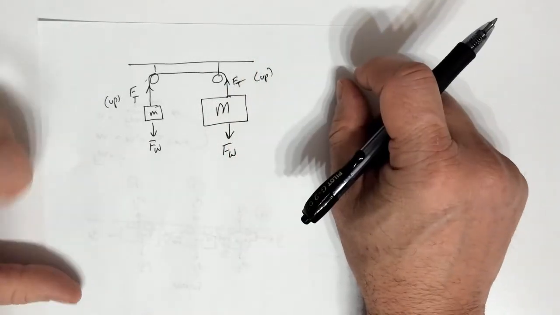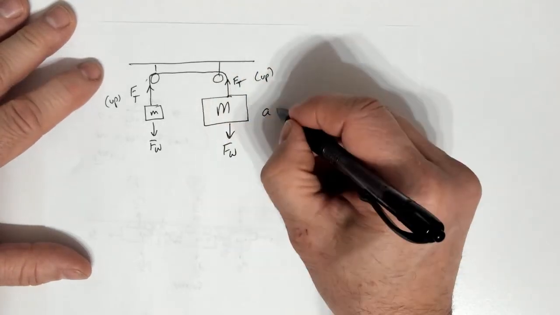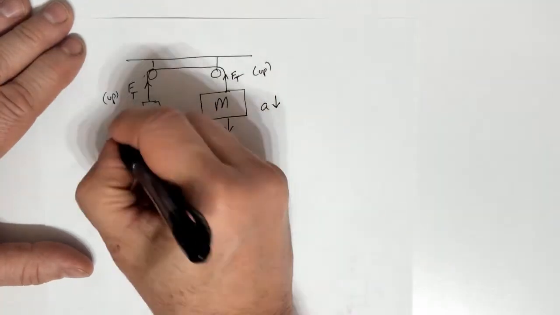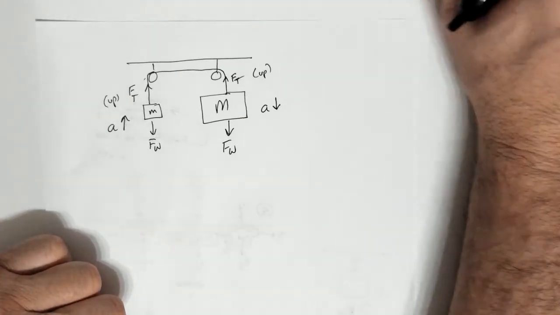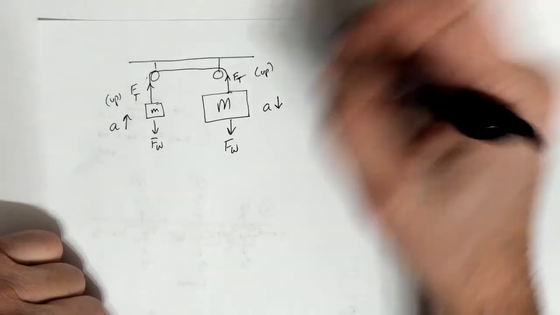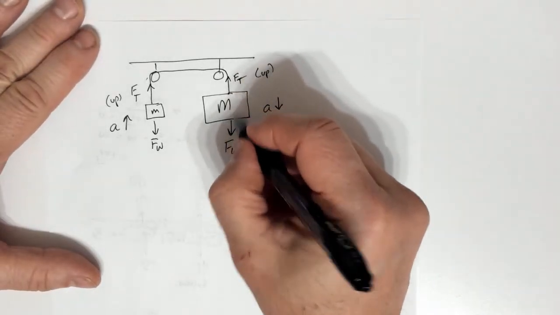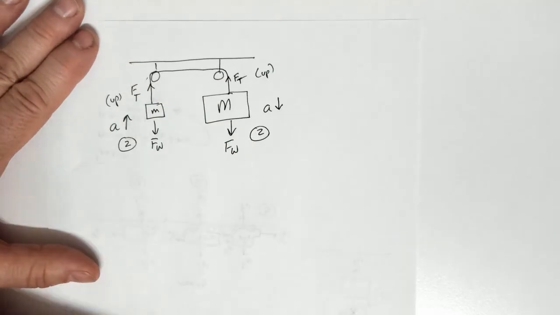That's a good question. The acceleration for this one, since it's more massive, would win, so acceleration would be downward. Here, the acceleration would be upward. Okay? So we need to be careful on that because that's the way it would work. So these are the forces. I would say this one has 2 forces to deal with, and this one also has 2 forces.